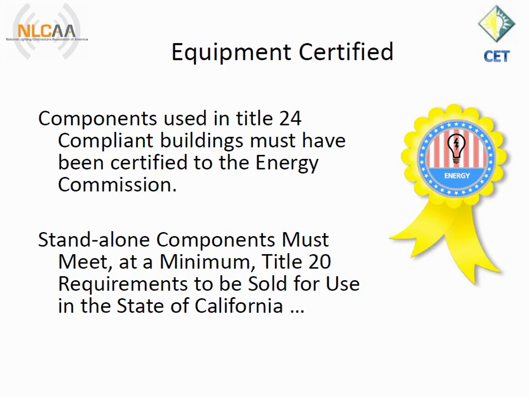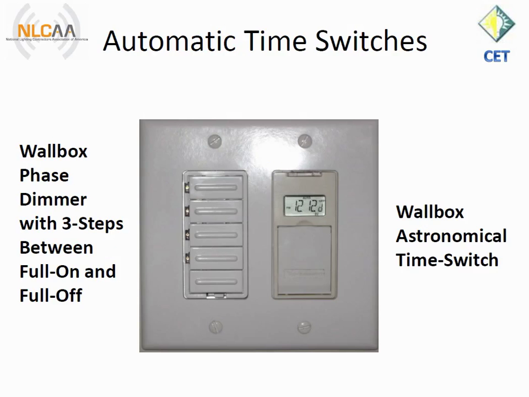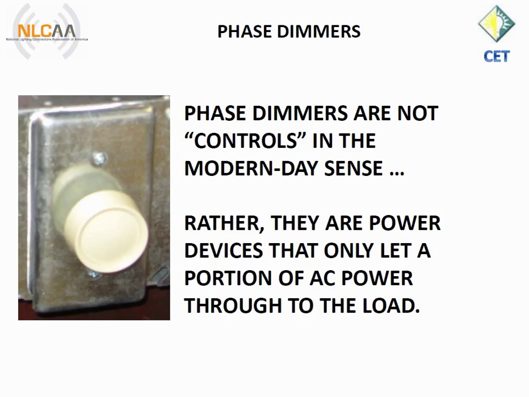So, what are these standalone lighting controls that are described in Title 20? Think of line voltage wall box mounted switching devices. Okay? This would be a typical thing that might be described in Title 20. Dimmers are also described in Title 20. And this brings up an interesting point.